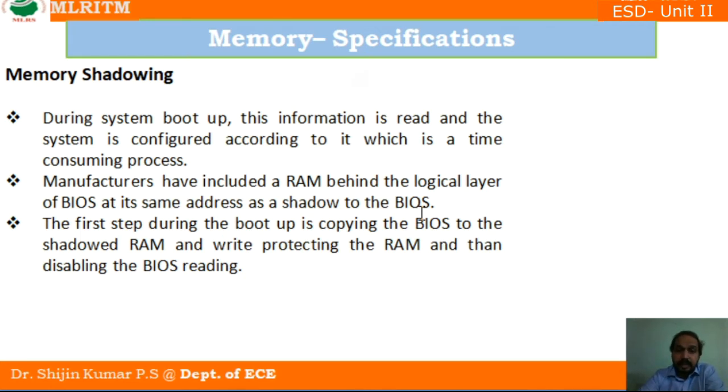The RAM is faster than the ROM. That's why we are copying the content of the ROM to the RAM. This is the process, and this process is called memory shadowing.